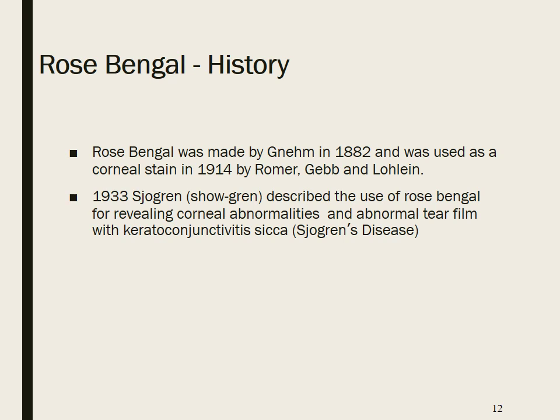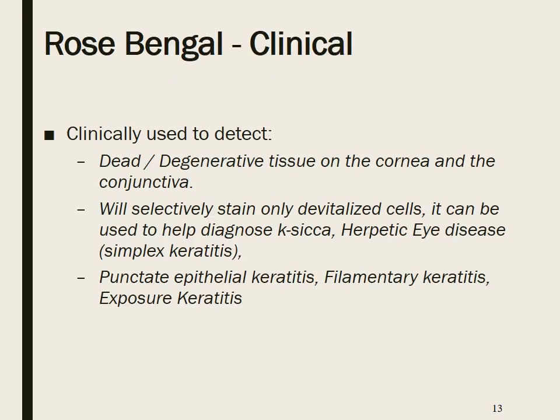Bengal was made by Gnehm in 1882 and was used as a corneal stain in 1914 by Romer, Cap and Lohlein. In 1933, Sjögren described the use of Bengal for revealing corneal abnormalities and abnormal tear film with keratoconjunctivitis sicca. Bengal is clinically used to detect dead or degenerative tissue on the cornea and the conjunctiva.